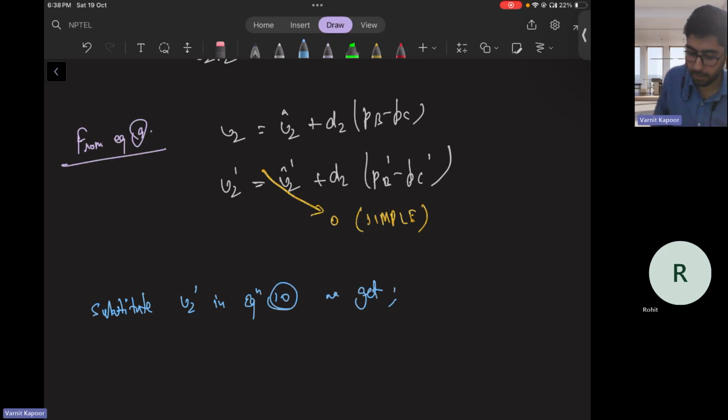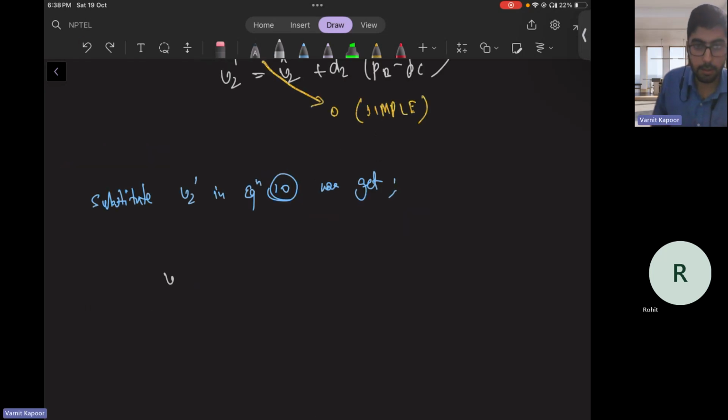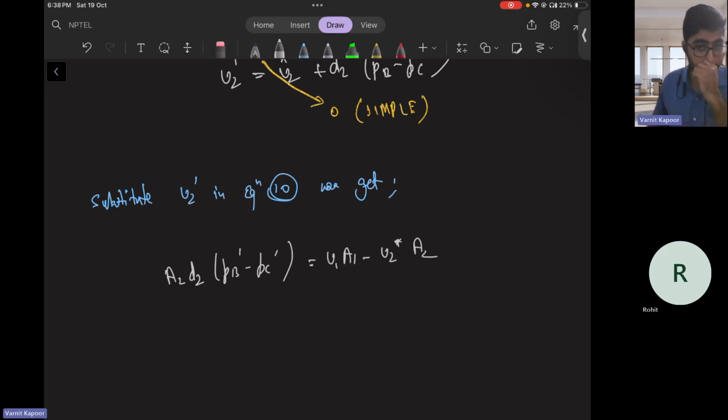We get A2 D2 (PB prime minus PC prime) equals U1 A1 minus U2 star A2. So this is your equation number 11. So this is a pressure correction in terms of PB prime, PC prime equals U1 A1 minus U2 star A2.